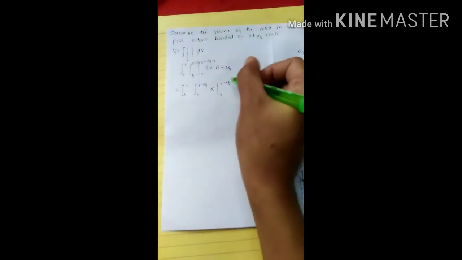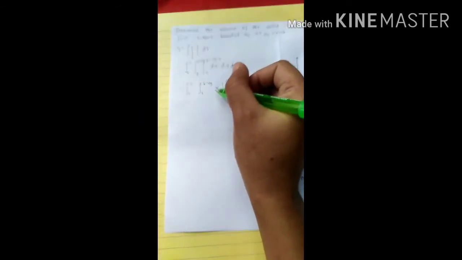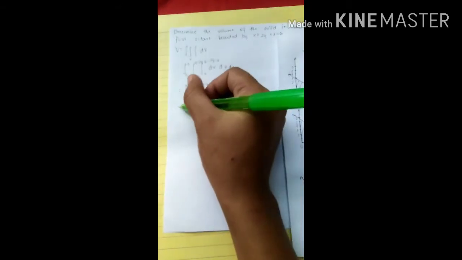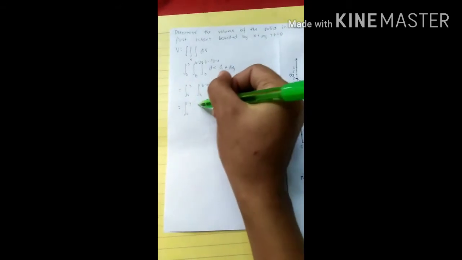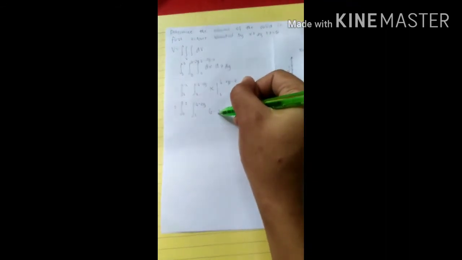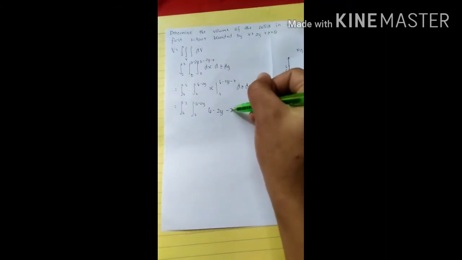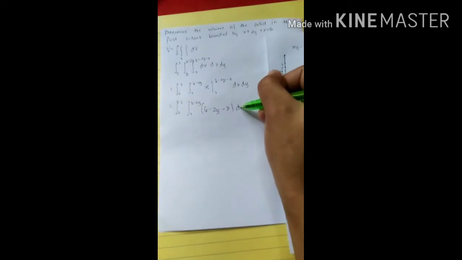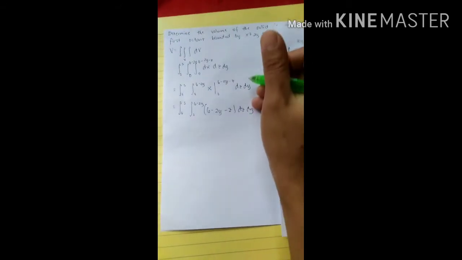So we have to substitute this into the x. We have 6 minus 2y minus z dz dy.